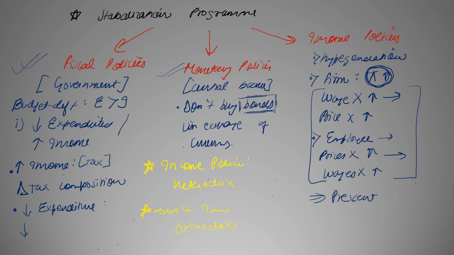Now you may ask, is there any possibility that these stabilization programs may fail? So yes, there is possibility of failure in these programs. There are basically four reasons to it. First of all is botched effort at stabilization.